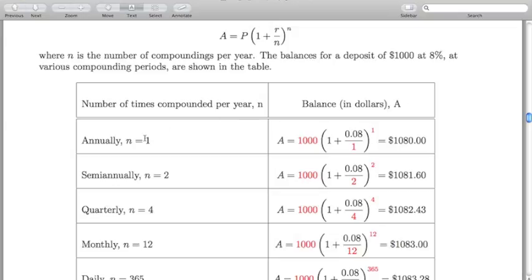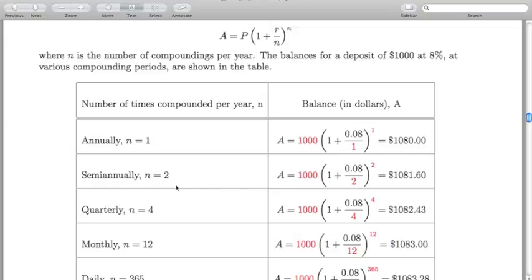Say you only compound the interest once a year. We call it annually. Then the balance for a deposit where your P is 1,000, with your rate 8%, that's where the 0.08 comes from. And if it's done where your n is 1, compounded one time a year, this calculation produces this number.